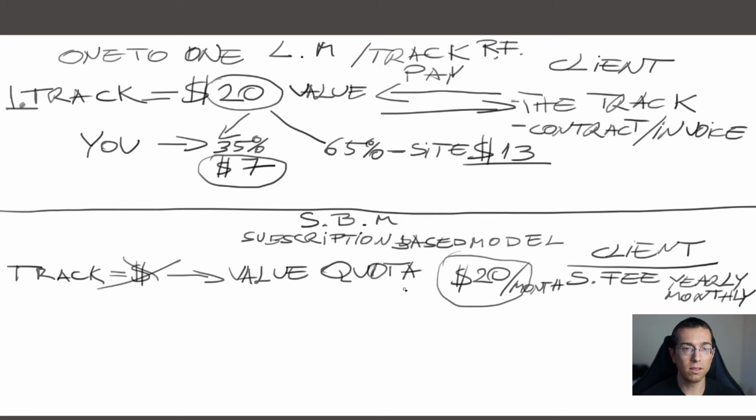So that $20 per month, this represents the $20, right? So this is the quota of the client, of course, on the site.